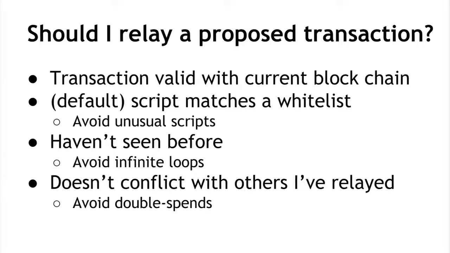With a couple of other caveats, by default, nodes won't relay the transaction if it's a non-standard script. If the script has any weird features, if it doesn't match a fairly simple whitelist of scripts that nodes know about, even though it's a valid transaction, the nodes won't relay it. They'll also make sure that they haven't seen the transaction before. That's that condition to avoid infinite loops. And there's another property, which is that they won't relay the transaction if it looks like a double spend.